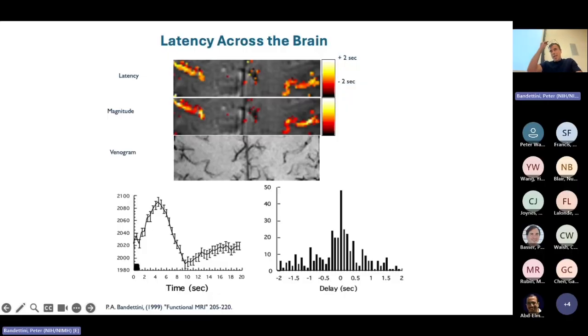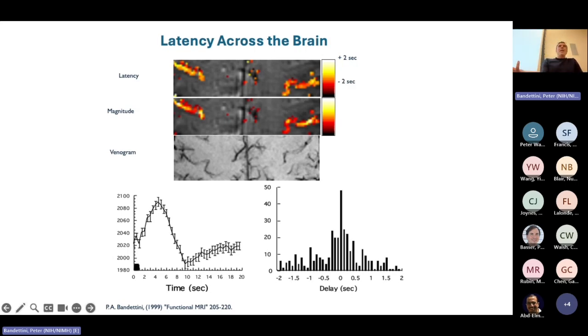almost 28 years ago. Wow, it really makes me feel old looking at these now. But 28 years ago, this was a basic study of bilateral finger tapping, tapping your left and right fingers. You'd expect that the hemodynamic response would behave, it all goes up, left and right motor cortex, just fine.